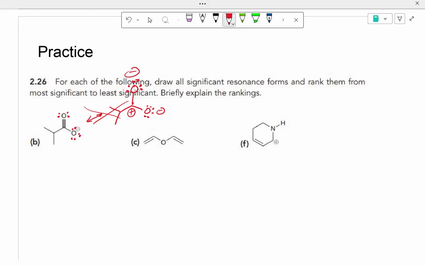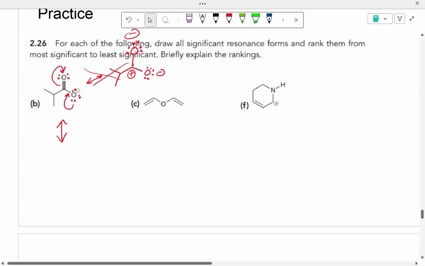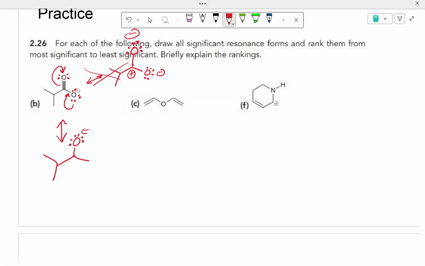Instead, we're going to do 2 movements. I'm going to move these pi electrons to form a double bond here, and then move those up there. So what's the result of that? Now I have this resonance structure.